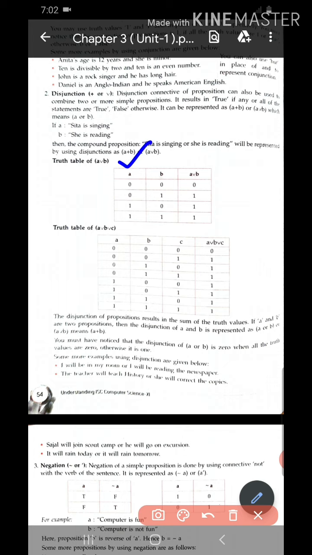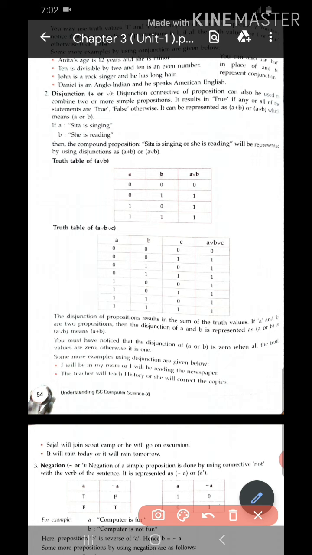Means we are having A and B together, we have to find A or B. Means you have to see whether, of the two things, we are having at least one true, then only or works. At least one true we want from both sides, because it says or.